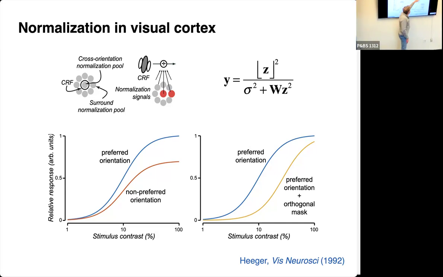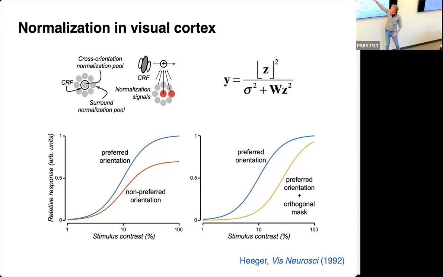What this does is, for a preferred orientation stimulus in visual cortex, the responses increase and then saturate. Why do they saturate? You increase the value in the numerator, and you're also increasing the denominator. So eventually Z gets much bigger than sigma, and this is just Z over Z, or Z squared over Z squared.